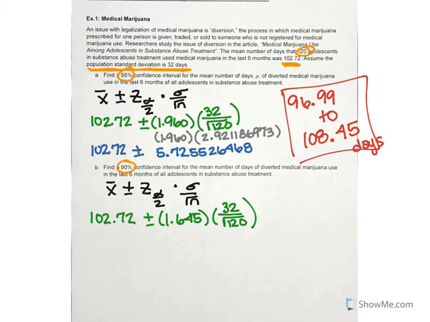So when you take 32 divided by the square root of 120, you still would get that 2.921186973. But this time, you're going to multiply it by 1.645.